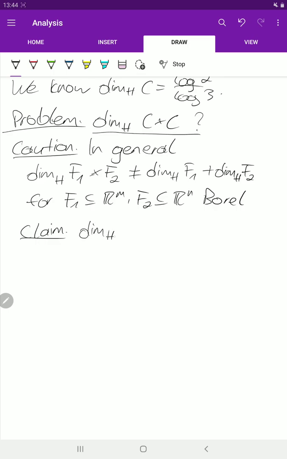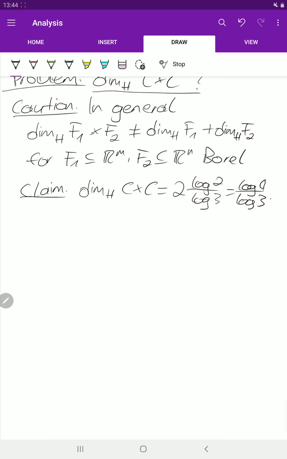I claim that this is just 2 times the dimension of the Cantor set, which would be log 4 over log 3. Okay, now let's see what we do.